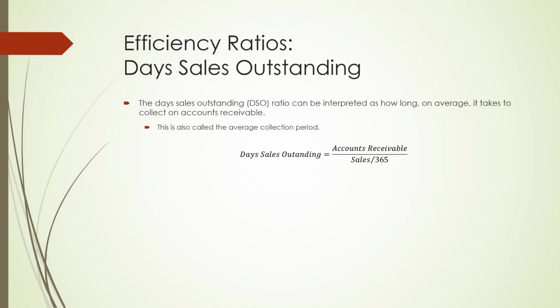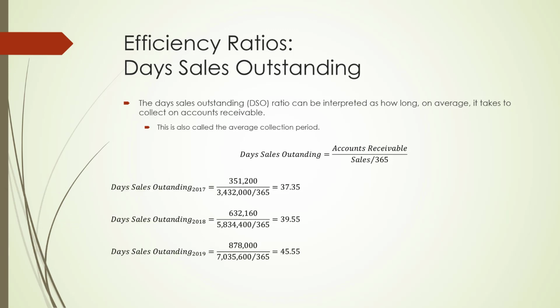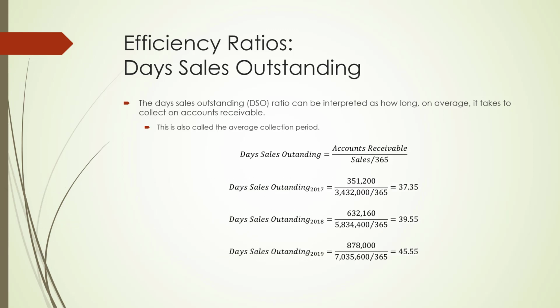So 365 these days is more common, but it used to be that we always calculated this with 360 in the denominator. Notice here that days sales outstanding was 37.35 in 2017, and it has risen to 45.55 in 2019.